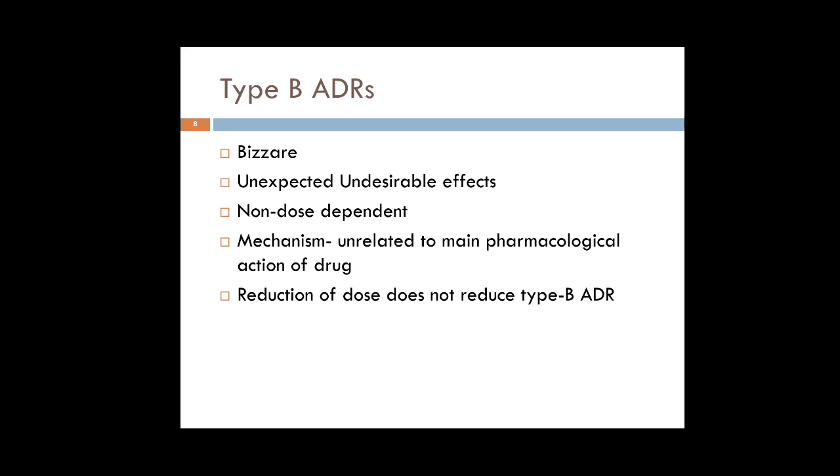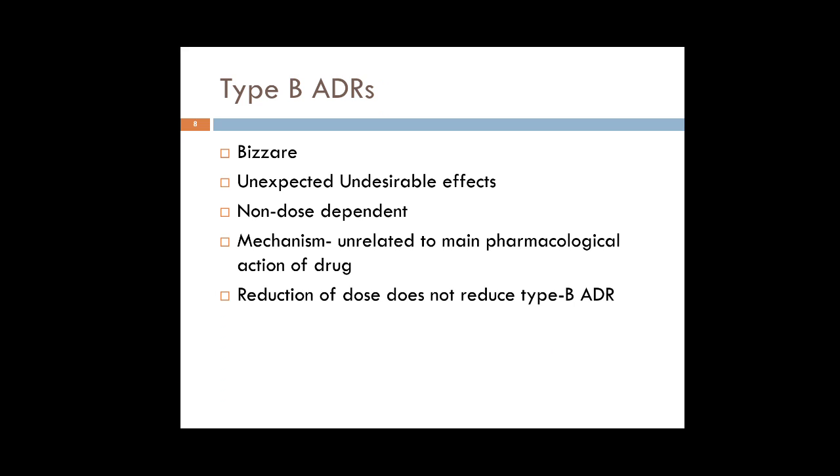Again, as we have seen in type A, the side effects, secondary effects and toxic effects were dependent on the pharmacodynamic action of the particular drug. In type B, the adverse drug reactions are unrelated to its pharmacological action. This has nothing to do with its pharmacological actions.